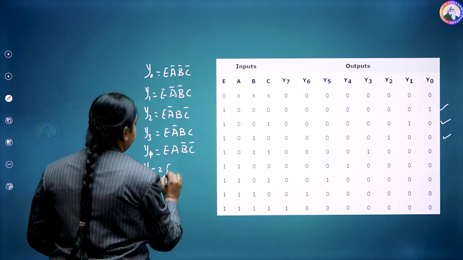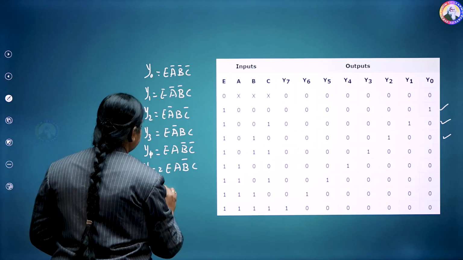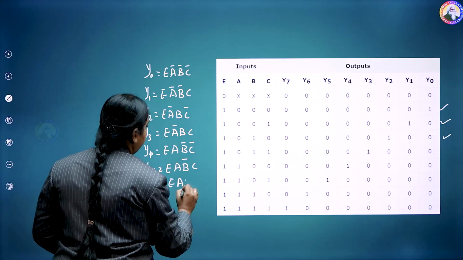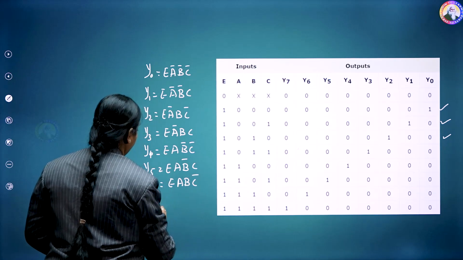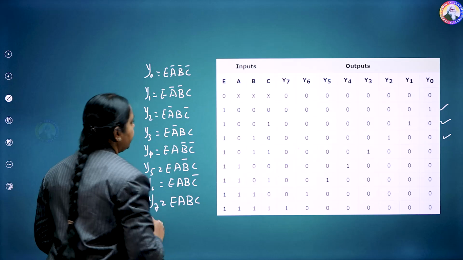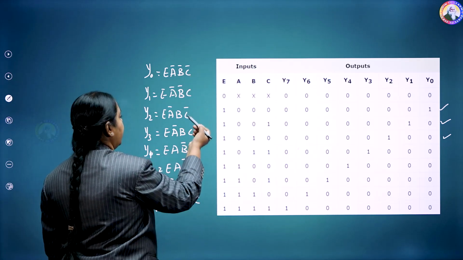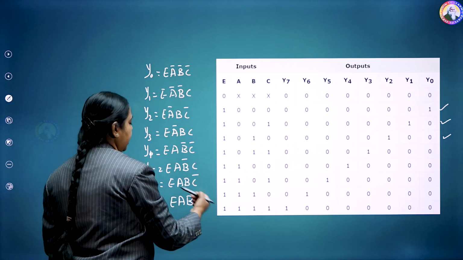Y5 is equal to E, A, B bar, C. Y6 is equal to E, A, B, C bar. Y7 is equal to E, A, B, C. So, these are the product terms with respect to Y0, Y1, Y2, Y3, Y4, Y5, Y6 and Y7.